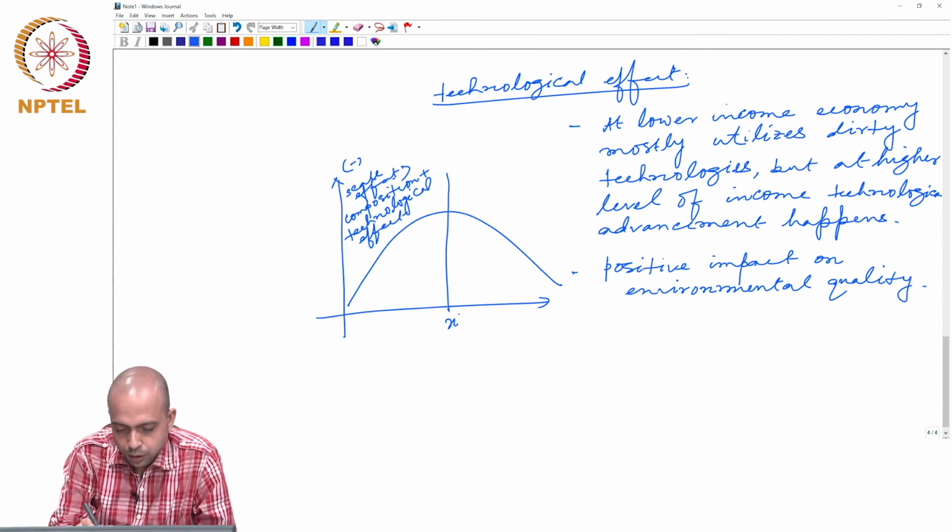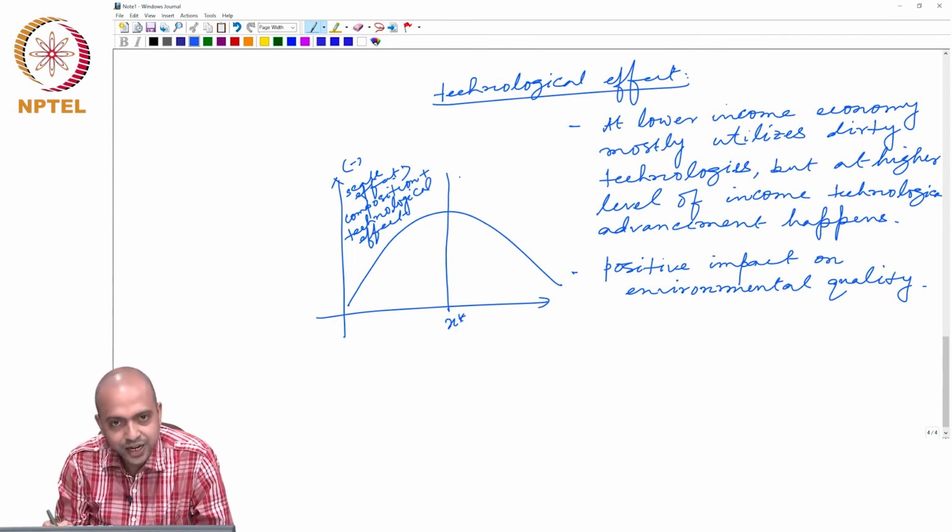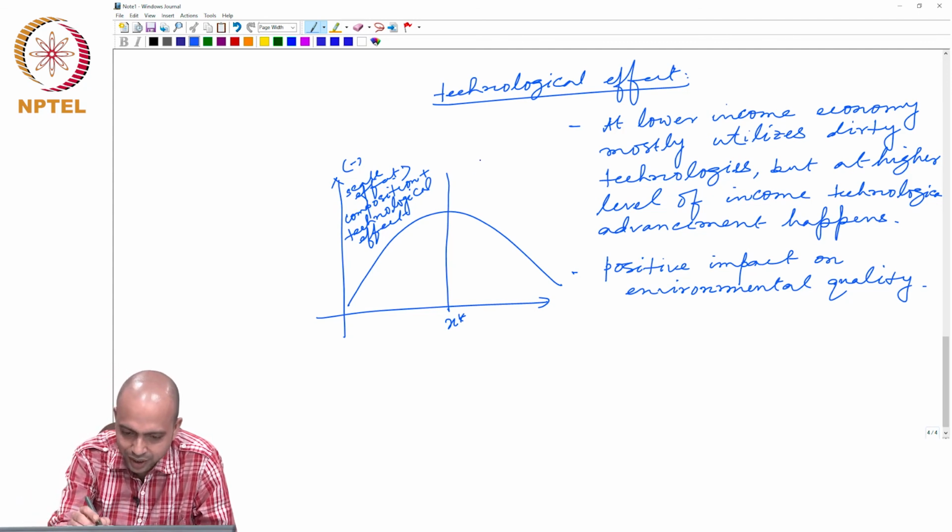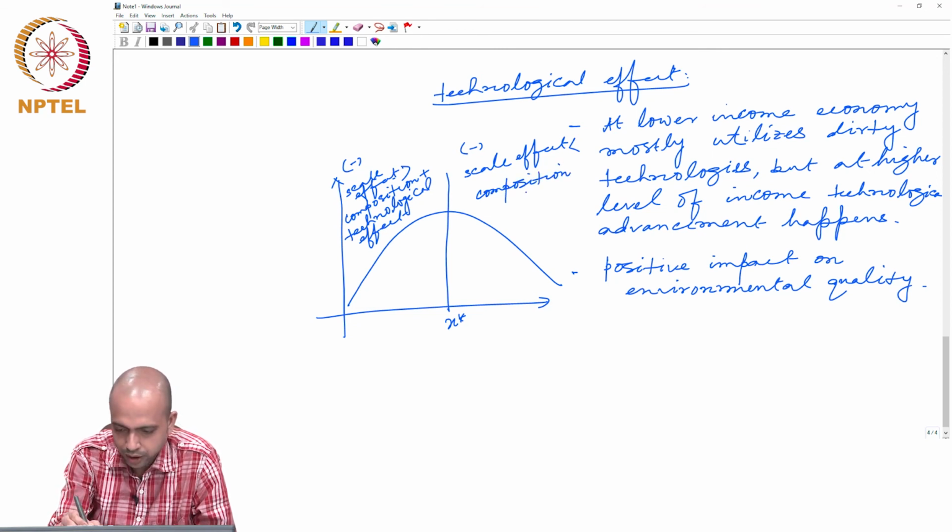Okay. And in the declining portion, when the economy achieves a certain per capita level of income, then what happens? The negative scale effect is actually lower than the composition and technological effect.